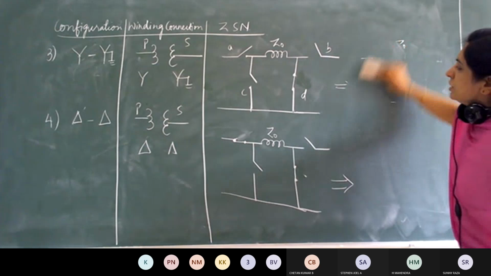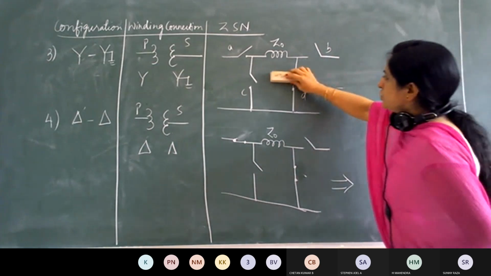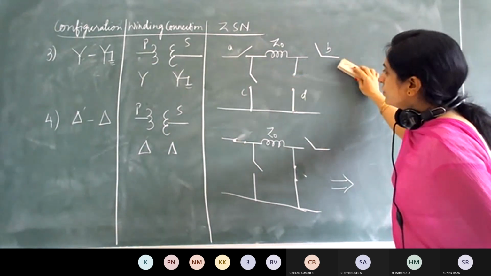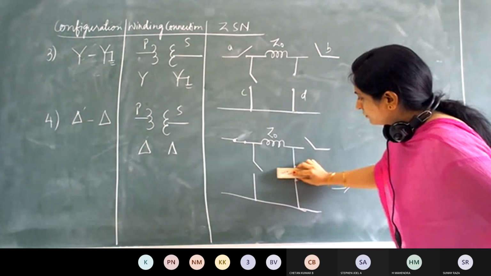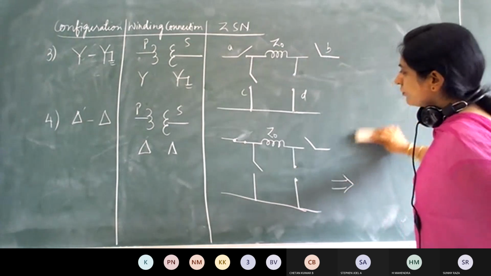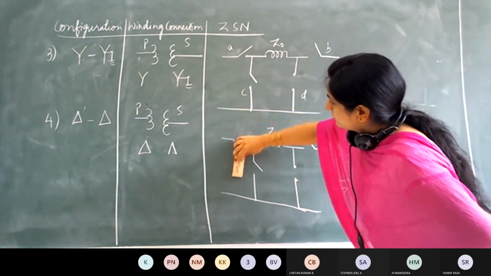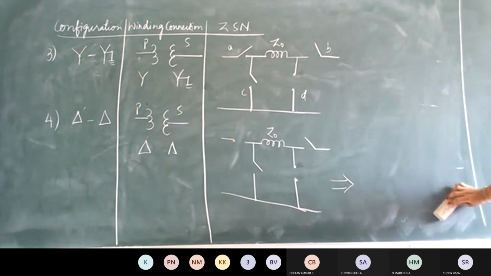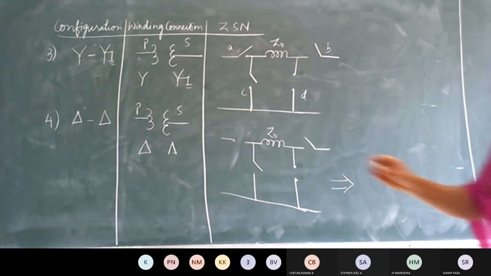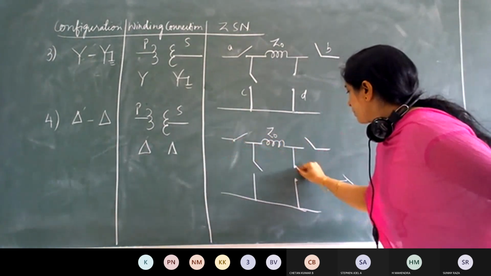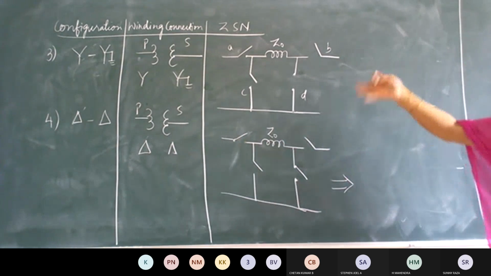Now try this. How to write the zero sequence network for the given configuration? Try on your own. Try to draw that. This is the actual general circuit which I have written.